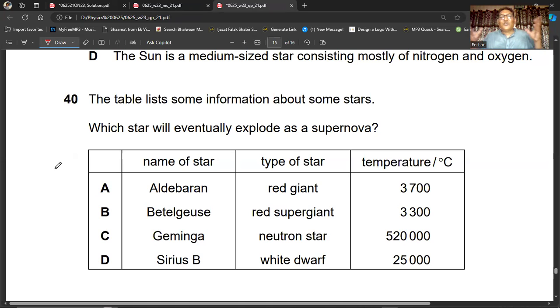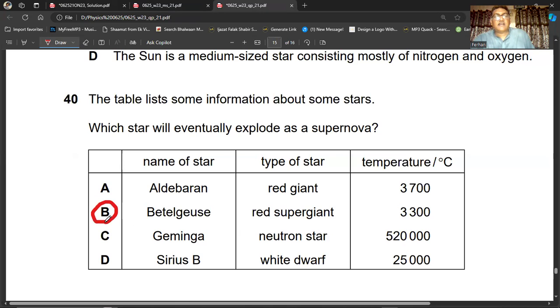Very simple. They have given you 4 stars there. Aldebaran, it's a red giant. Temperature is 3700 degrees. And Betelgeuse, that is a red supergiant. Yes, this is the right stage. After this stage of the life of the star, the supernova will come.